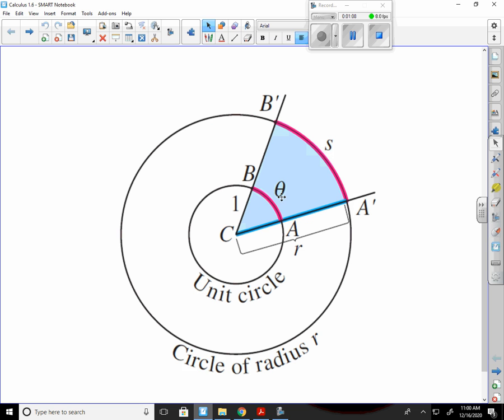So in order to find how long this arc is out here, when I have a longer radius, it tells me that to find that arc length s, all I have to do is s equals r times theta. So my angle measurement times the radius is going to give me my arc length.